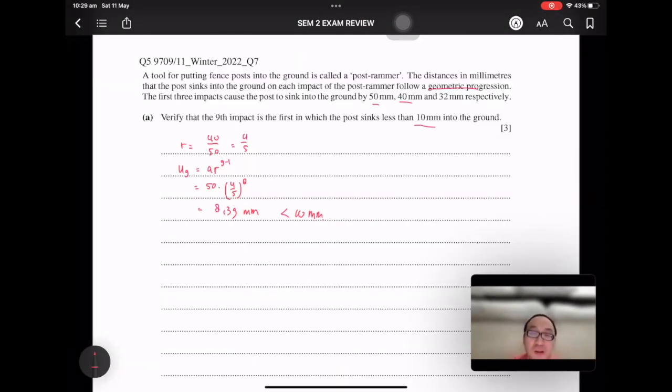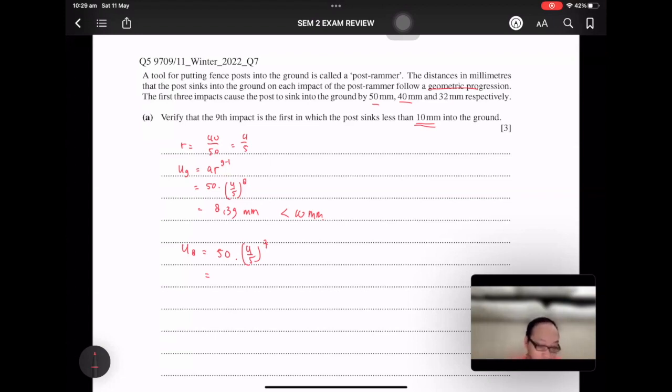But we need to check that the ninth impact is the first one that sinks less than 10 millimeters. So we check for u8: 50 times (4/5) to the power of 8-1, which is 7.